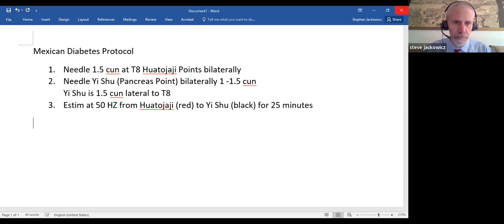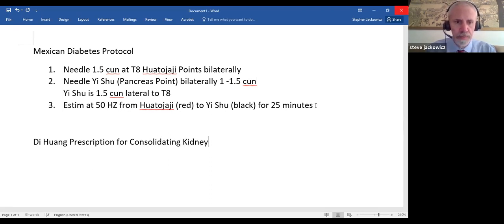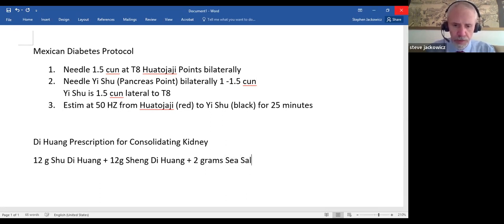All right, this is the Dihuang description for consolidated kidney. So 12 grams Shu Dihuang plus 12 grams Sheng Dihuang plus 2 grams sea salt.